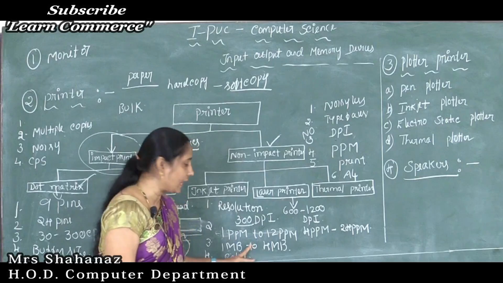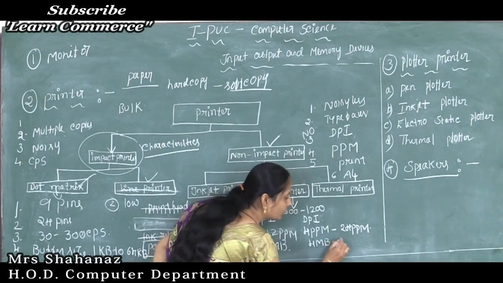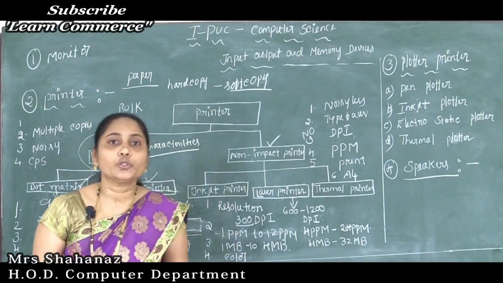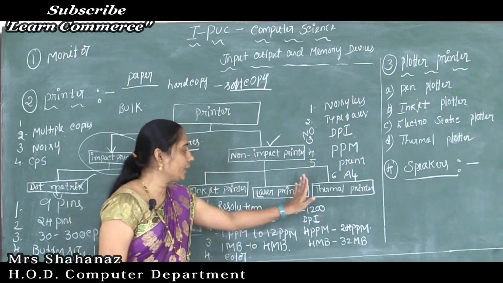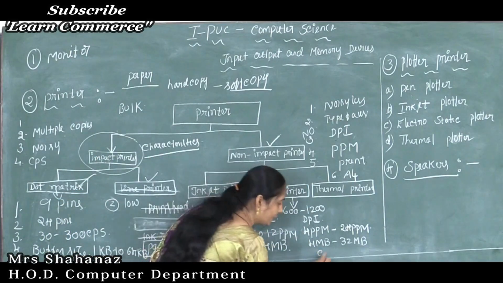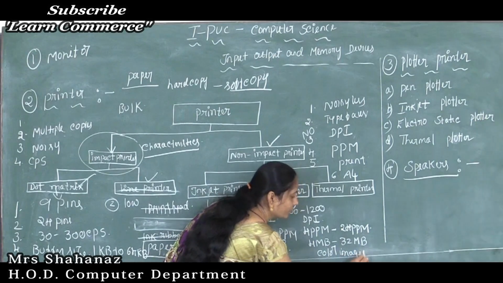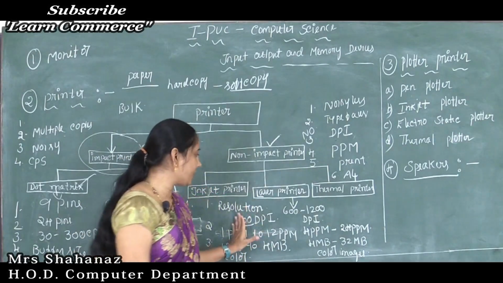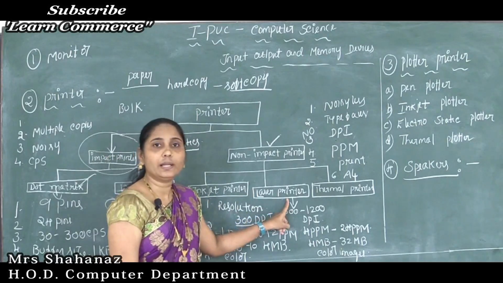And the buffer size varies from 4 MB to 32 MB. Clear this one here? And also like our inkjet printer, it produces color images. So this is some of the explanation about our inkjet as well as our laser printer.